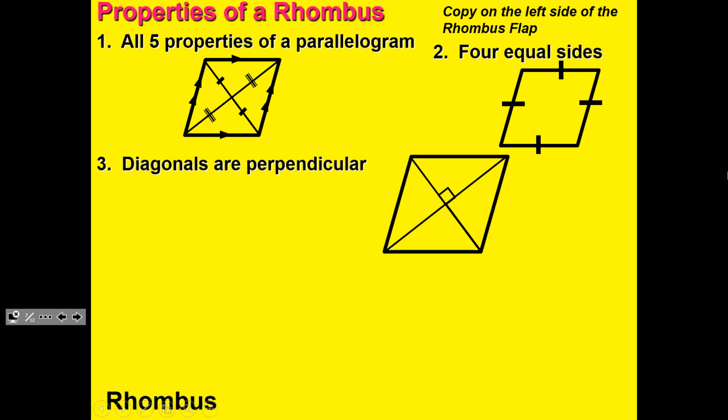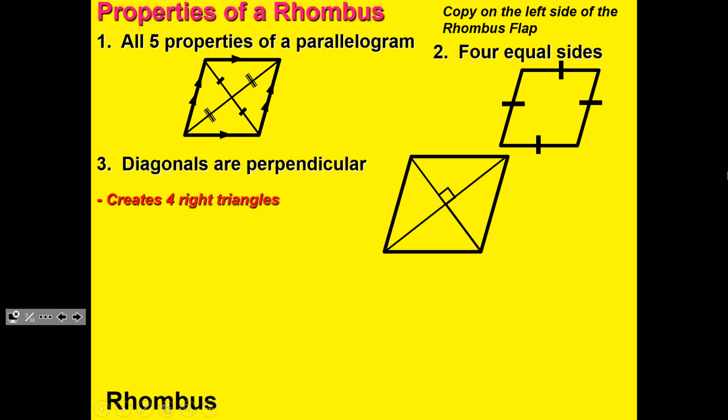Very good. 90-degree angles at the intersection points of the diagonals. Very good. So, if I have 4 right angles around the center, that's going to make me have 4 right triangles here. All right.